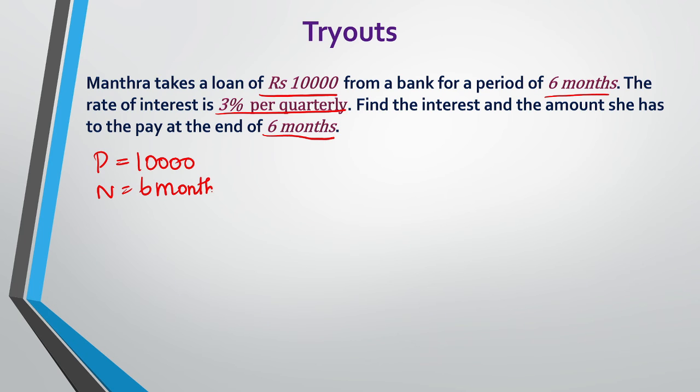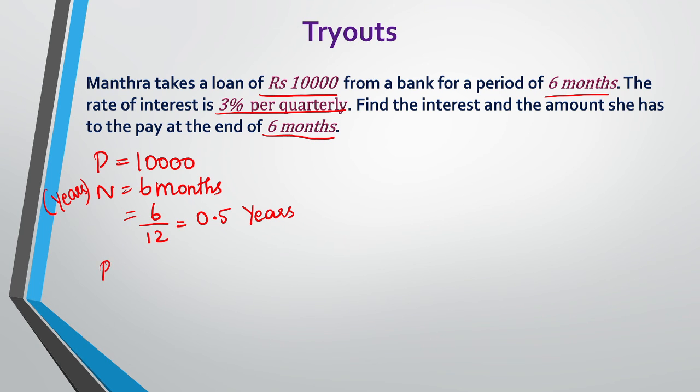Again, we know that N should be in the years format. So for conversion of N, which is months to years, we write the number of months in the numerator, which is 6, divided by 12, is equal to 0.5 years.